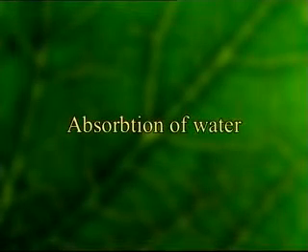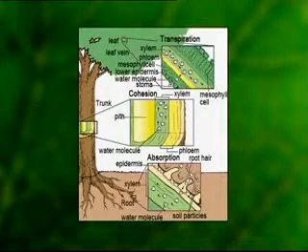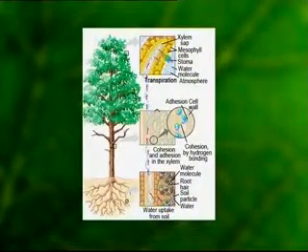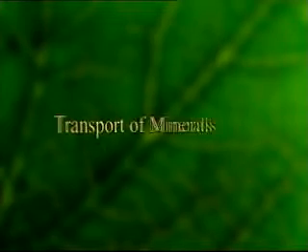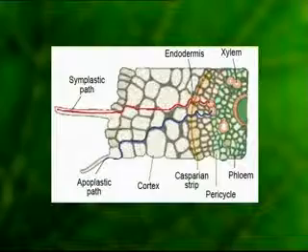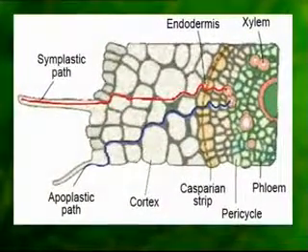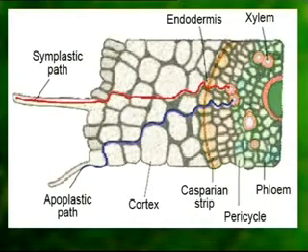Absorption of water: transpiration facilitates passive absorption of water from soil through roots. Transport of minerals: transpiration assists translocation of dissolved mineral salts through xylem.